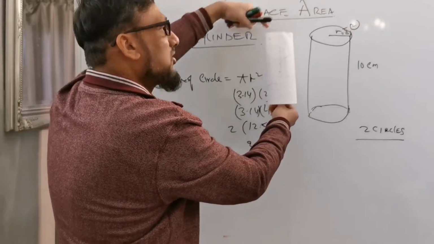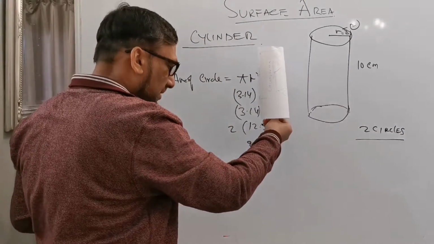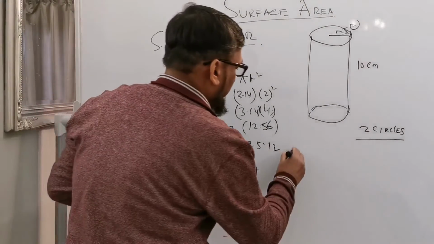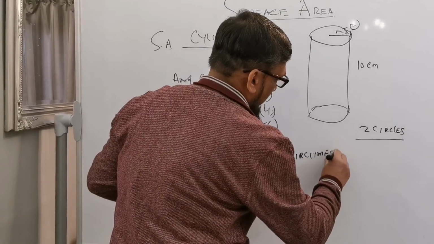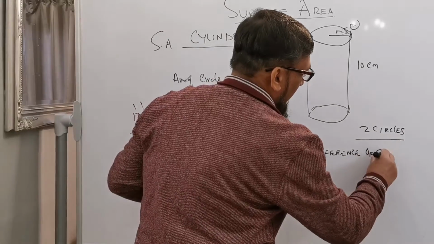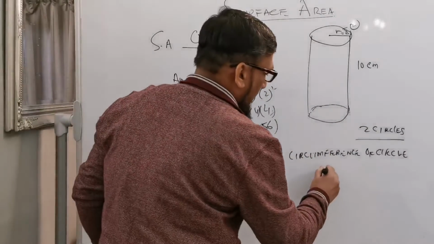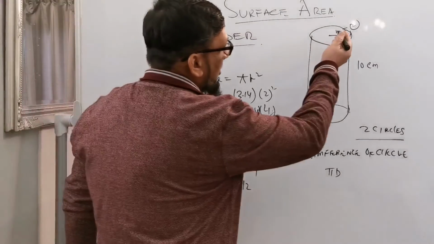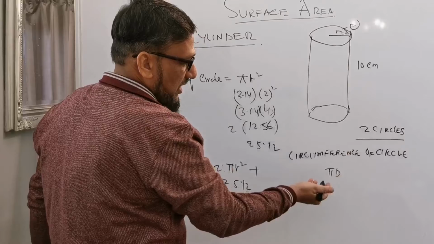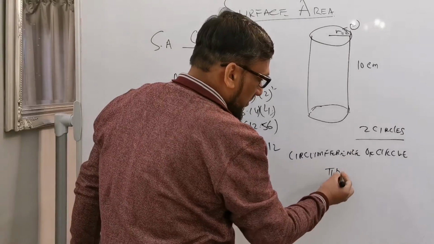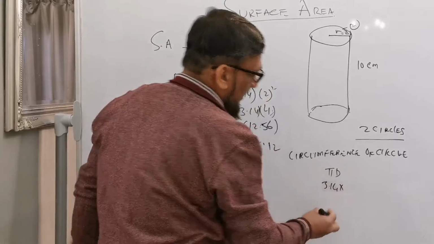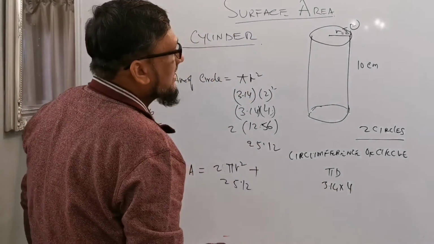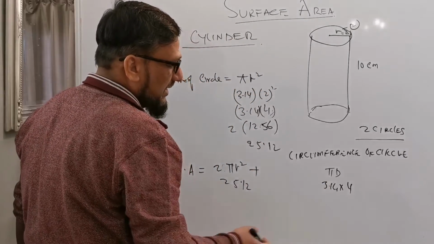So we need to find the circumference of circle, which is pi times diameter, and the double of radius is diameter. So simply 3.14 times 4.